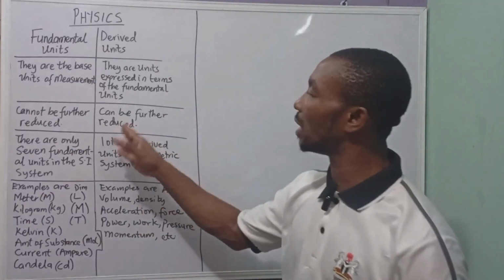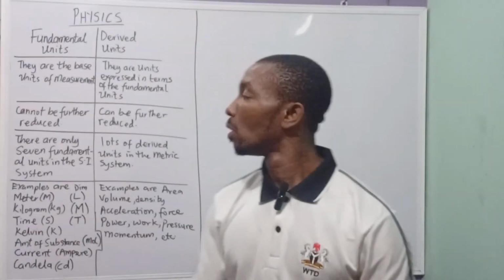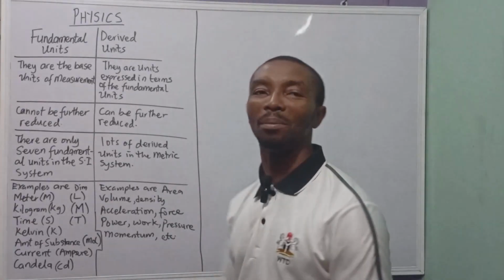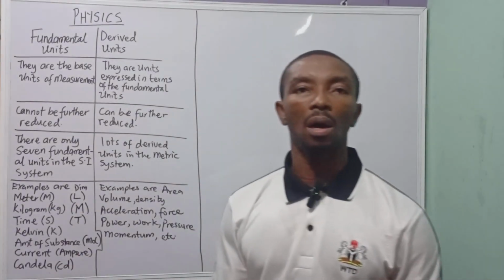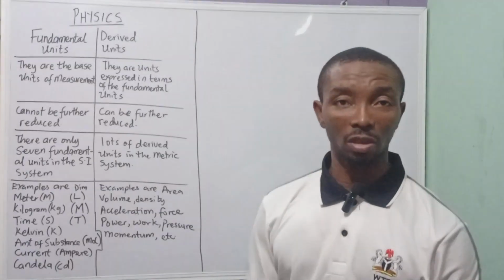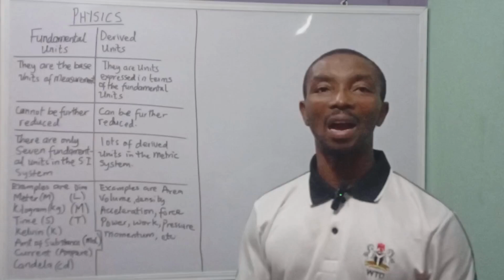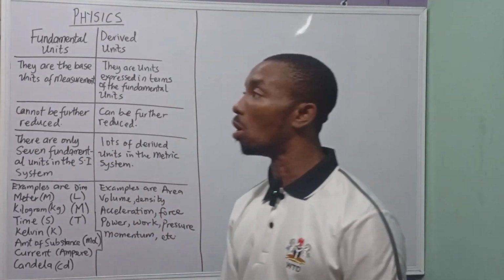There are a lot of derived quantities in the metric system. Unlike our fundamental units, of which there are just 7, they are limited in number, but the derived quantities are lots more.